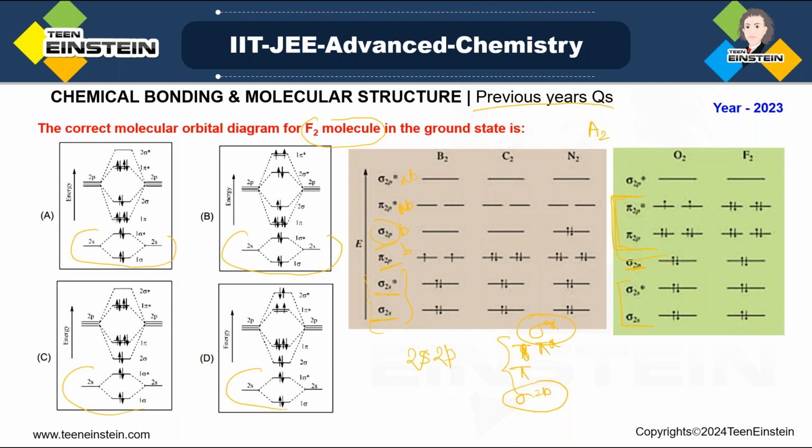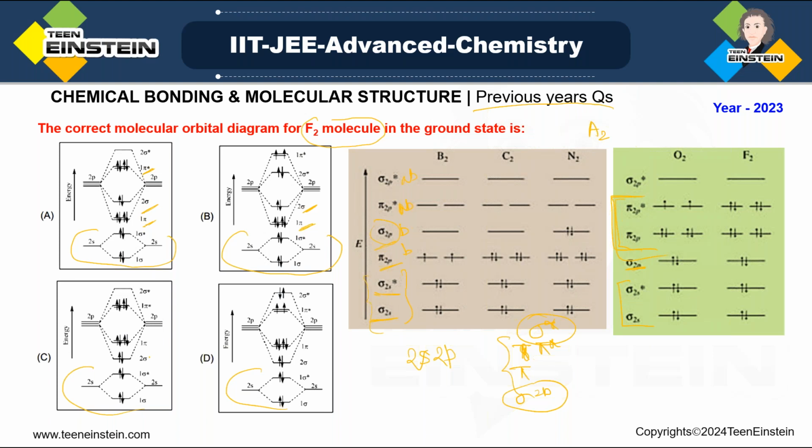And if that is so, option C should be the correct option, because in option A, after pi bonding, there is sigma bonding. It is not correct at all. Then in the second case, pi, then sigma, but it should start from sigma. Then it is pi, then pi star, then sigma star.